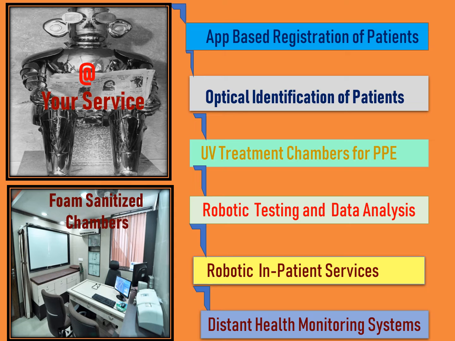Next, as we already discussed, personal protection equipment and its maintenance is so important for all the medical force. Here we can arrange chambers with UV radiation emitters, which will provide periodic sanitization of their personal protection equipment.